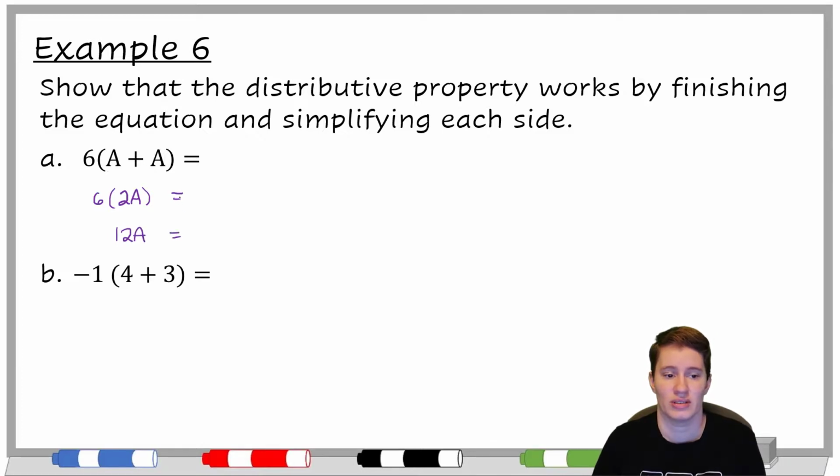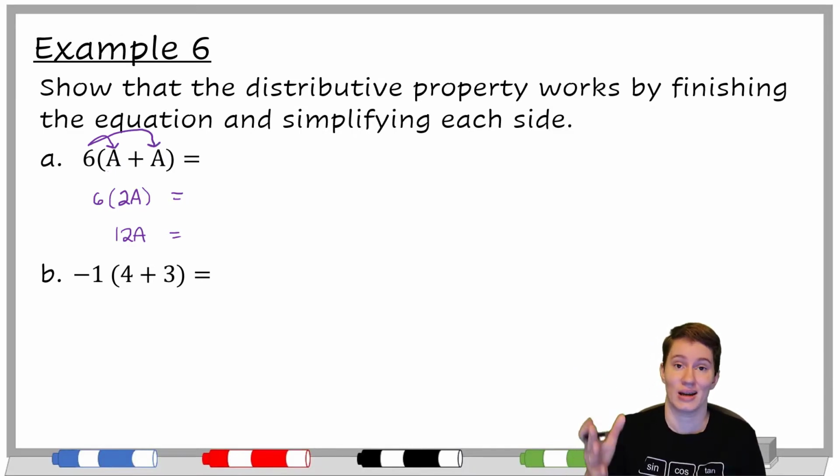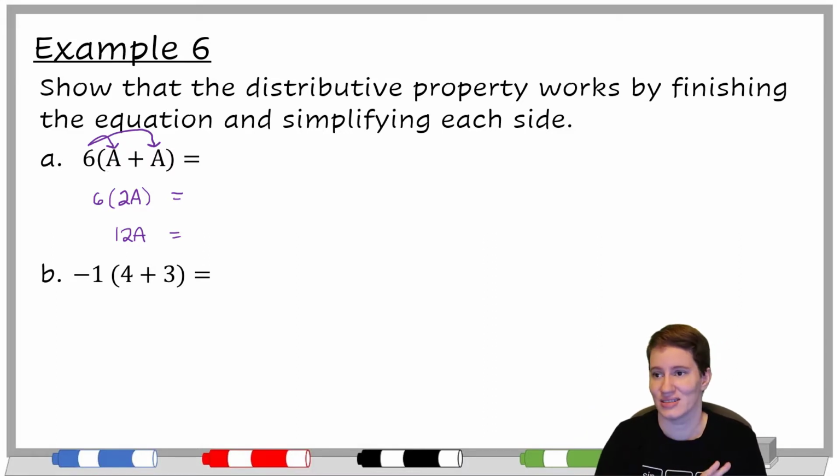Now let's distribute and see if we come up with the same thing. As long as we're doing the distributive property right and our initial math right, by the way, we should get the same thing. The distributive property is something that is absolutely true, unless we decide to make up our own kind of math that doesn't follow the same rules as algebra, which, good luck with that.